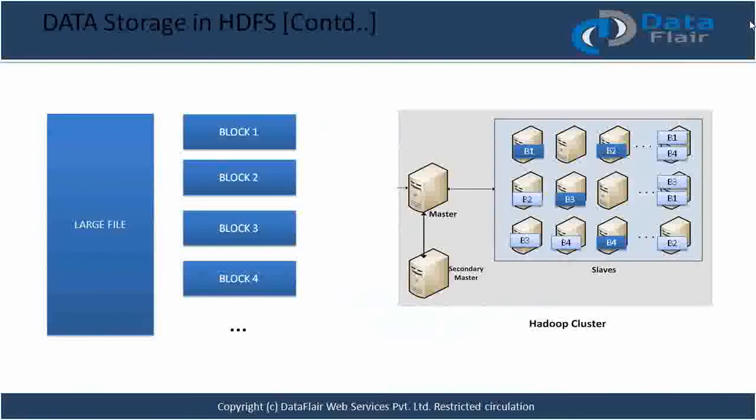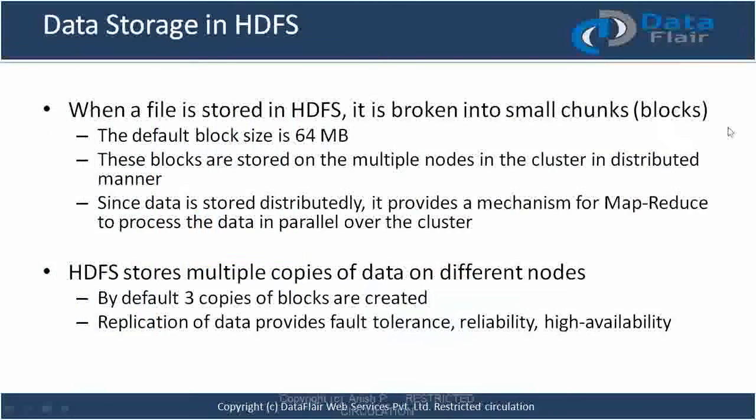So everybody is pretty much happy investing this much in hard disks, because from multiple copies of the data, I am getting facilities like reliability, fault tolerance, high availability. That's why Hadoop's fundamental principle is to create multiple copies of data.